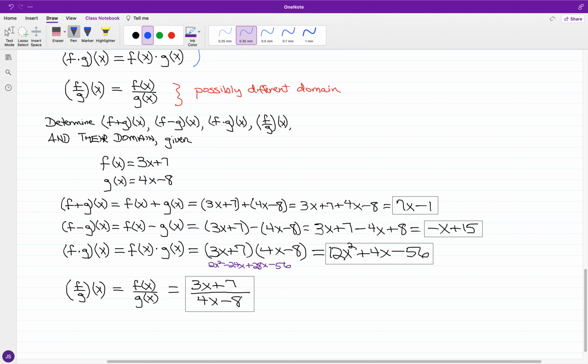for f of x and g of x, both are linear functions. So you don't have anything like a rational function, namely a fraction, where you're trying to avoid a zero denominator, nor is there an even root radical expression where you're trying to avoid having a negative within, say, the square root or whatever the even root happens to be.